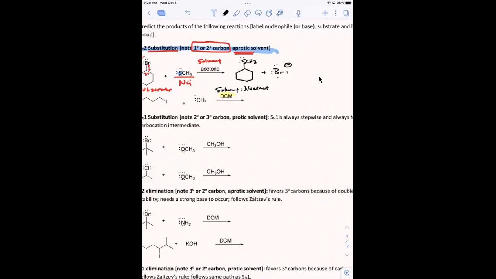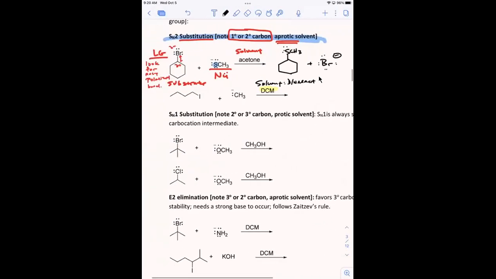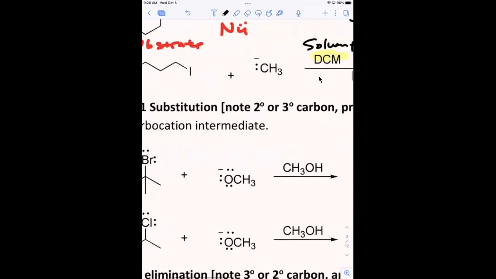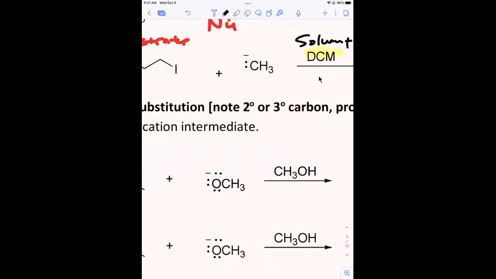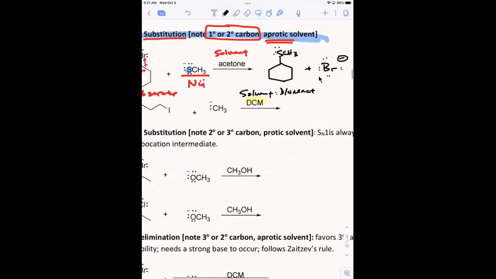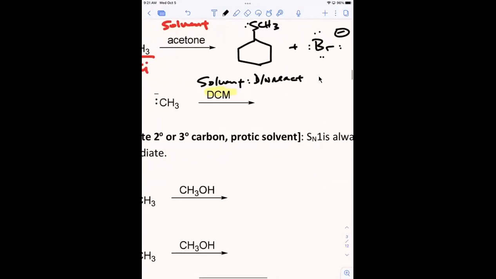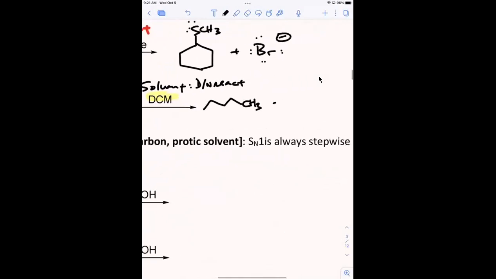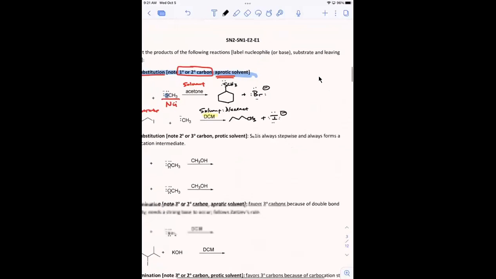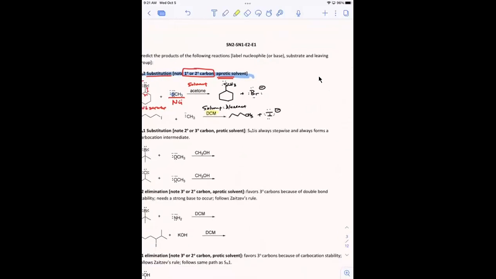Shouldn't there just be another carbon bond formed and then a loose iodine? Yeah, there's no counter ion. So this is saying it's that plus I minus. And that CH3 is another bond?